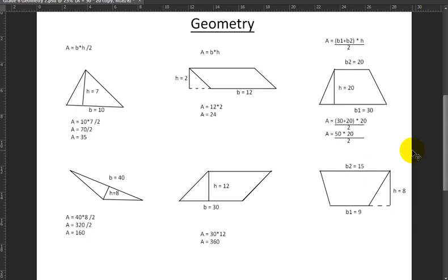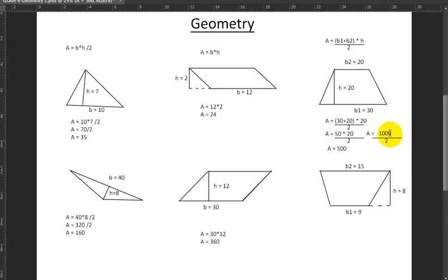And then we know that 50 times 20, let's actually copy the 2 in the fraction line as well. 50 times 20 makes 1,000. So the area is going to be 1,000 divided by 2. That means that the area is going to be 500.